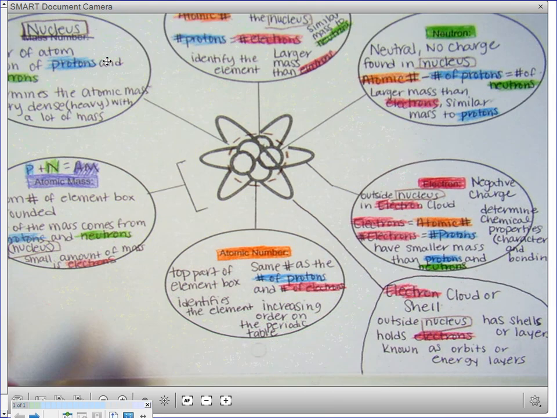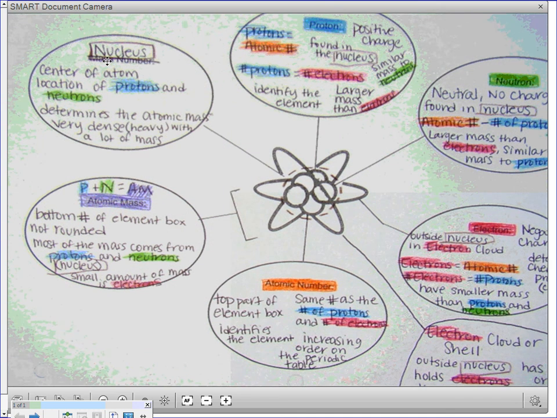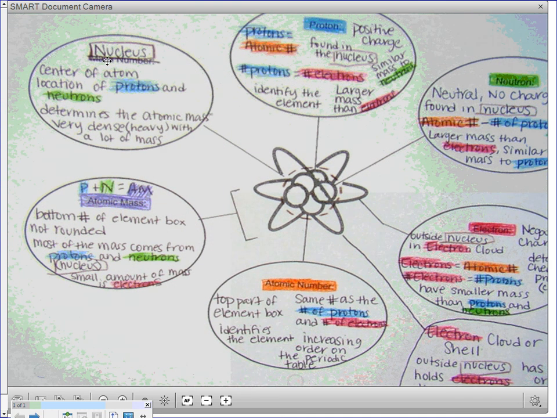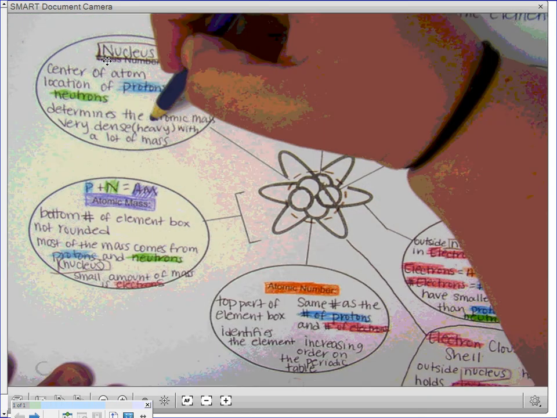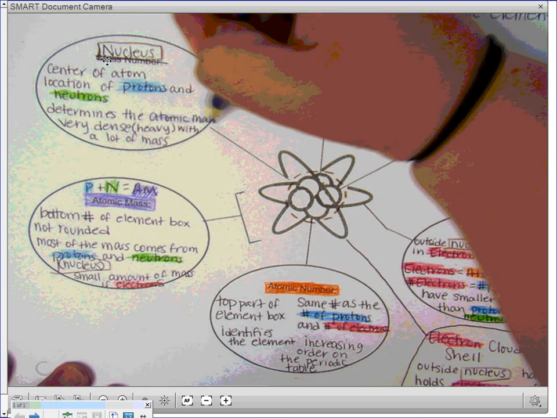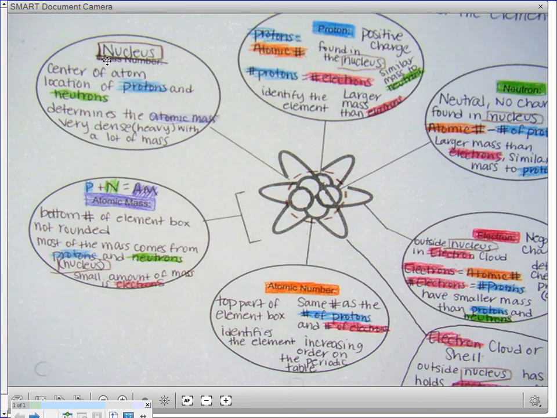Okay, cool. And then atomic mass, there was one that I forgot, so I have to go back and get that one. And I'm just coloring lightly. You do not want to bear down and make it dark so you can't see what you wrote.